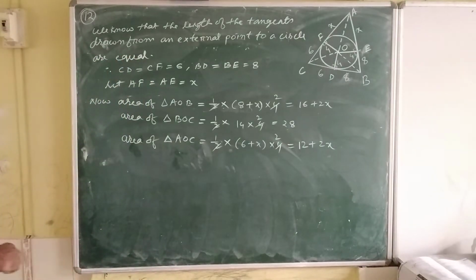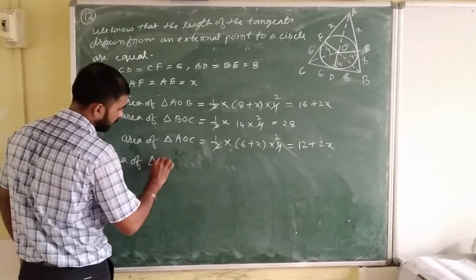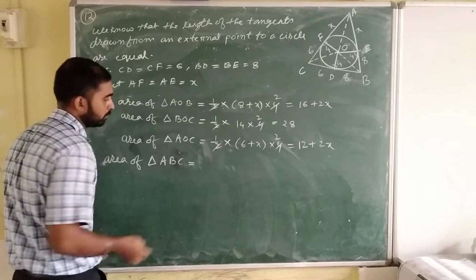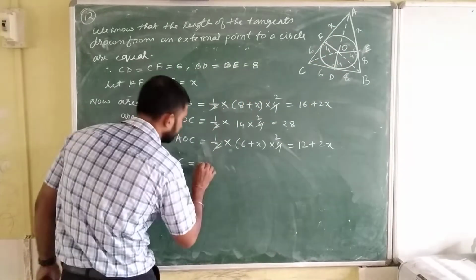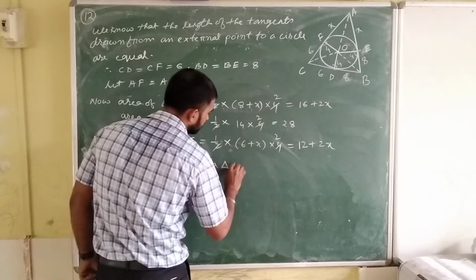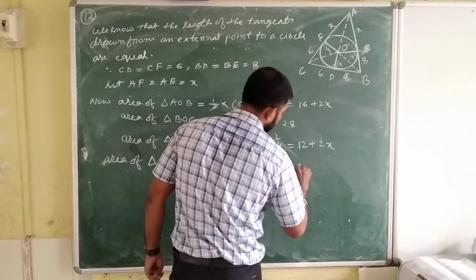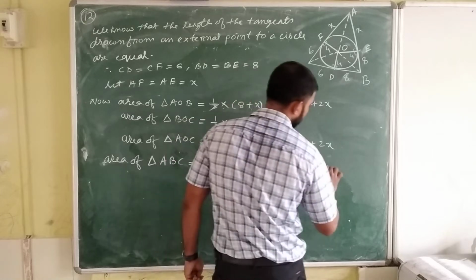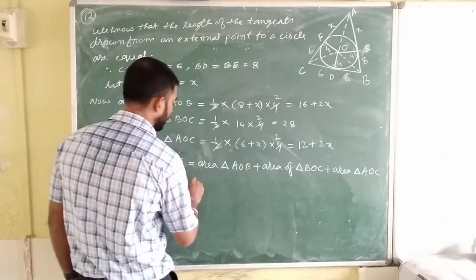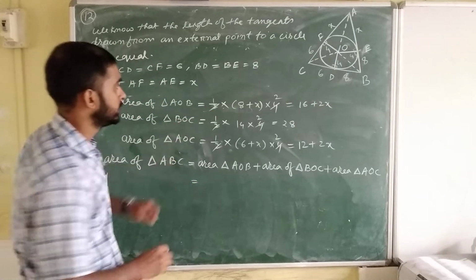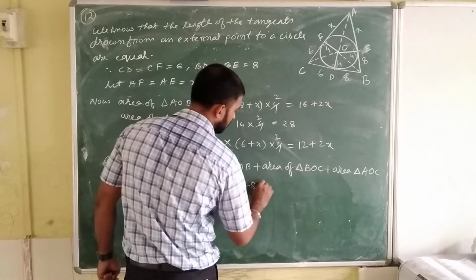Yes? Therefore, area of triangle ABC. Area of triangle ABC means we have to get the area of AOB, BOC and AOC. What is AOB? 16 plus twice X. What is BOC? 28.